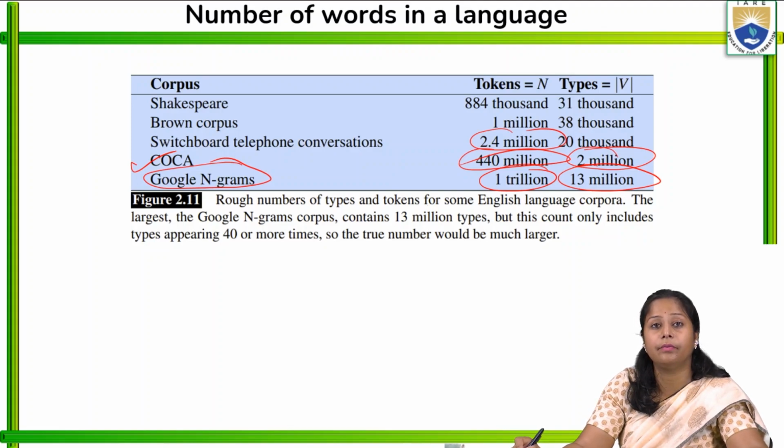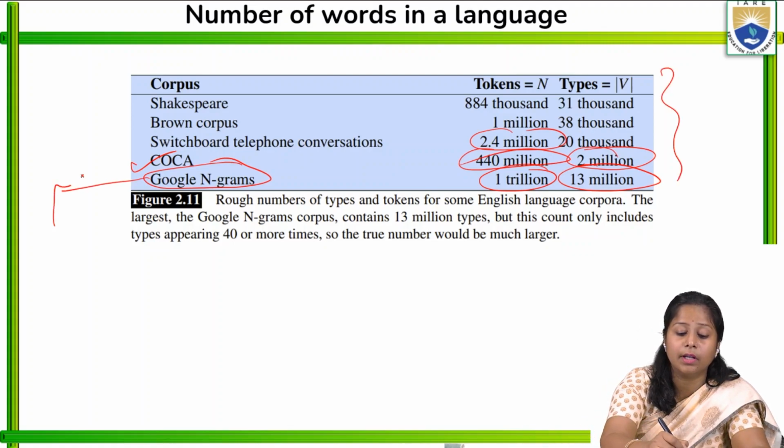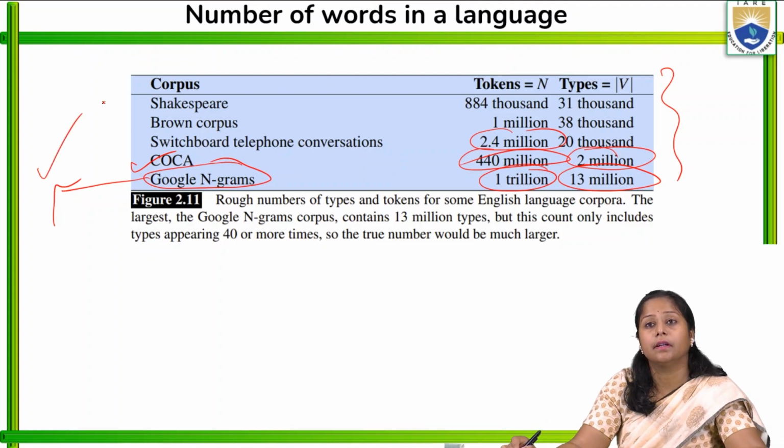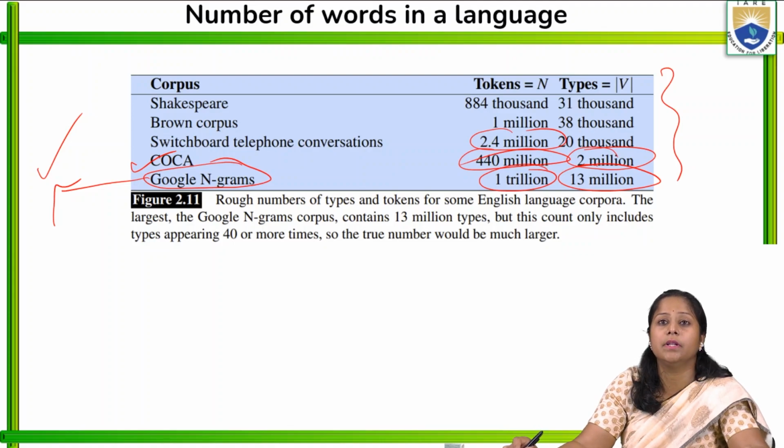This is a rough number of tokens and vocabulary for these English language corpora. Among all of them, the Google corpus has the largest number of tokens and words, with 13 million types. But this count only includes types appearing 40 times or more, so the true number can be more than that. This is only a rough number.